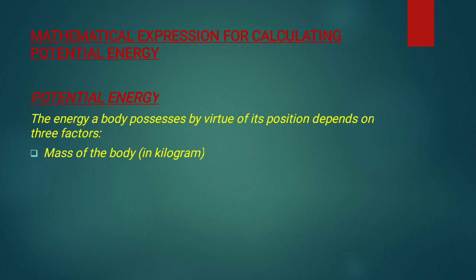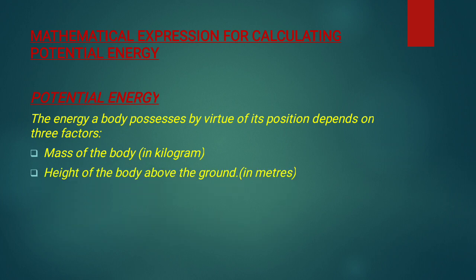If it is in grams, change to kilograms using 1,000 grams. The second, height of the body above the ground. It is measured in meters. If the height is in centimeters, change to meters using 100 centimeters is equal to 1 meter.